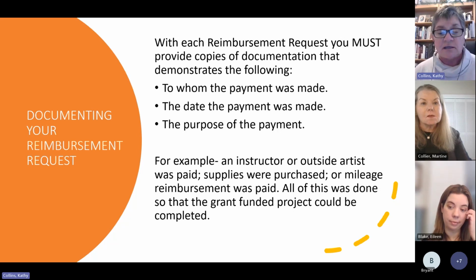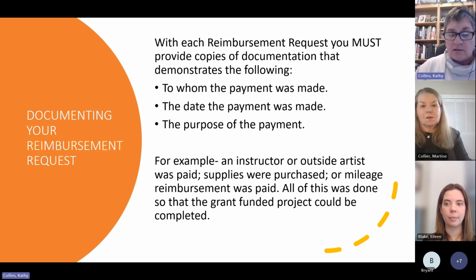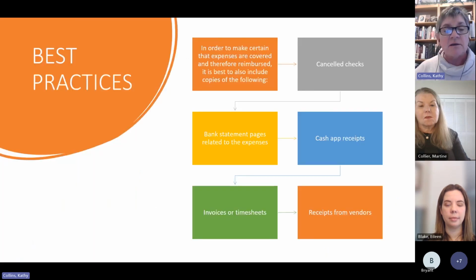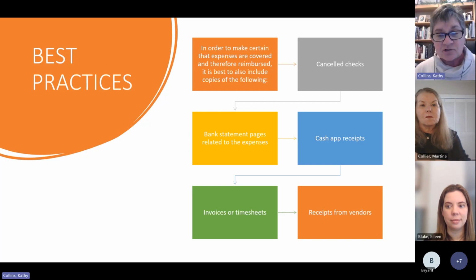The timesheet should say where they taught, when they taught, the hours they taught, the rate of pay. Then you're going to also need to make sure that you provide copies of canceled checks, bank statements, Cash App receipts, anything along these lines that will show that you paid the expense and to whom the expense was paid and that it actually was cashed.